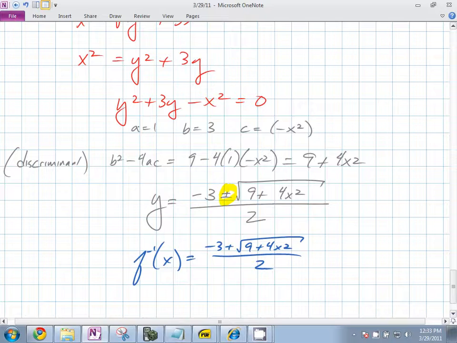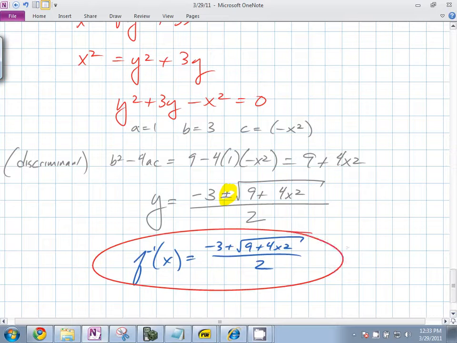Is there any way to make the numerator negative? No. So, in this case, we have this, and what's the domain? x is greater than or equal to 0. Can it be as big as you want? Sure. Absolutely. It's pretty cool.